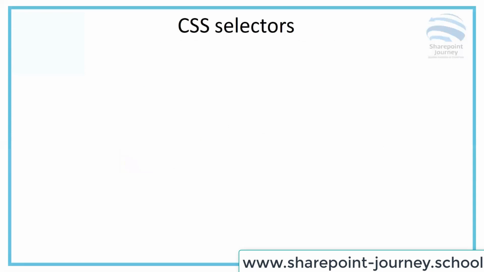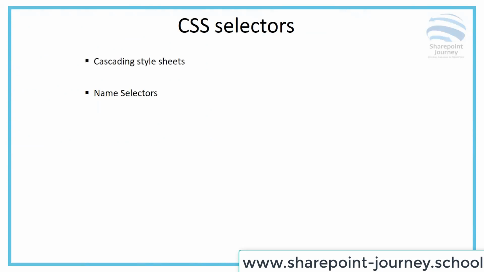The other thing you need to know before learning jQuery is CSS selectors. Understanding cascading style sheet selectors is also very, very important if you want to know jQuery. Three important things you need to know in terms of CSS selectors: first, you have something called a name selector.